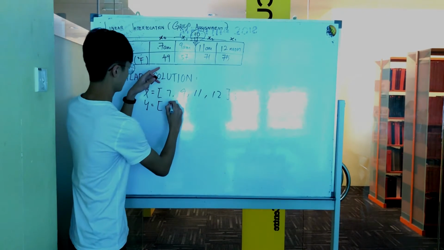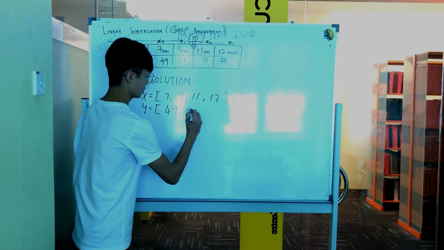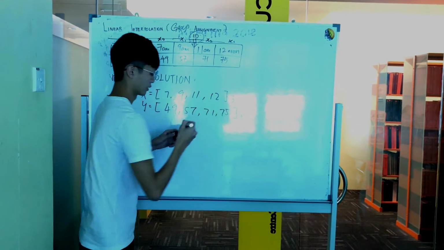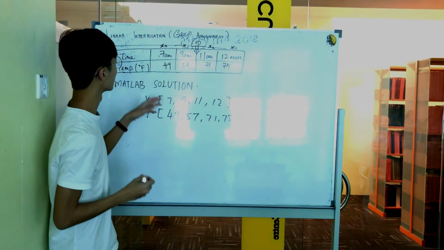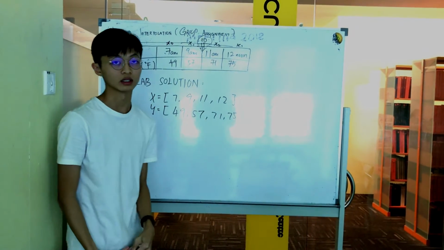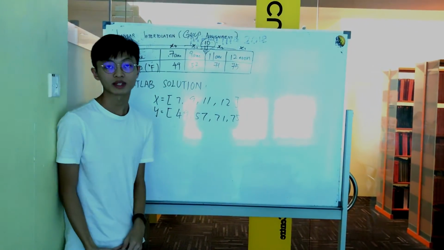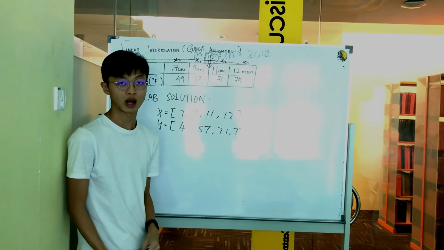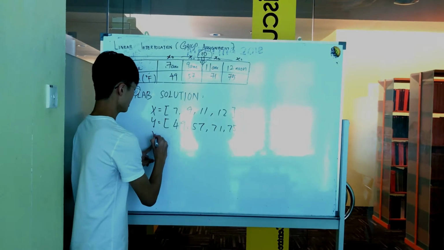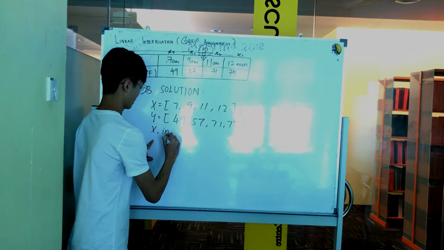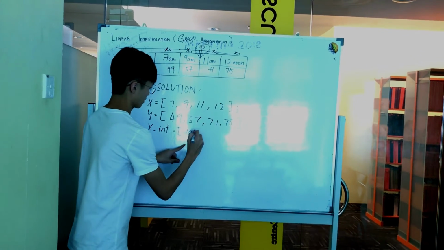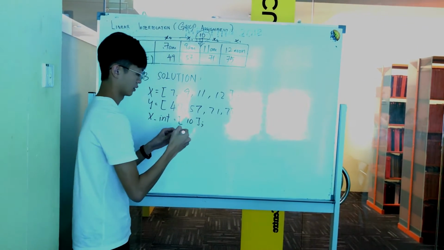49, 57, 71, and 75. And then, according to the title, we want to estimate the temperature at 10 a.m. What is the value? So we write s in equal to bracket 10.